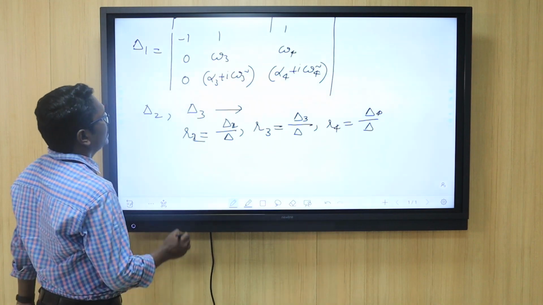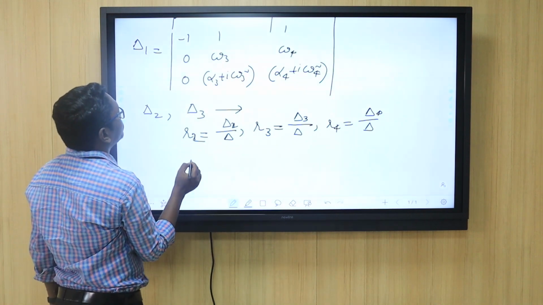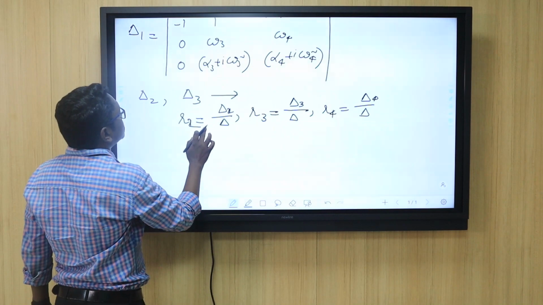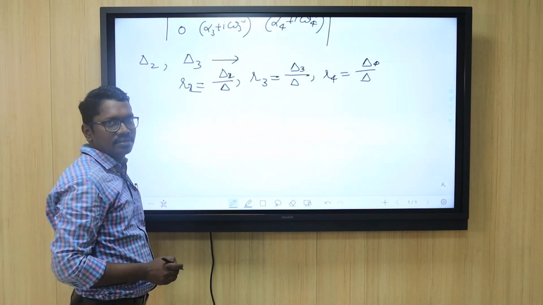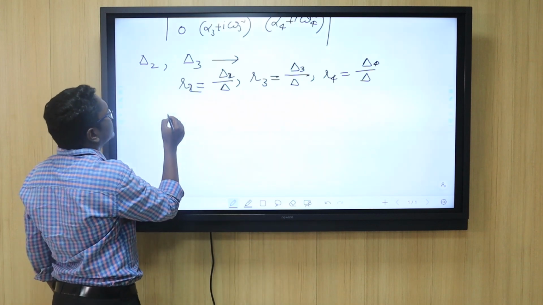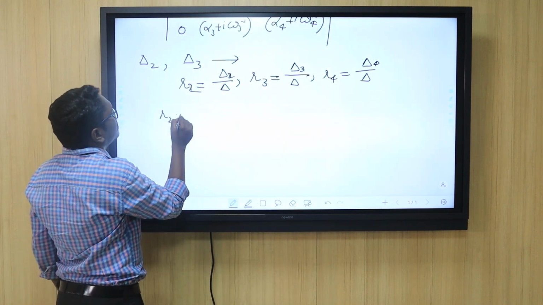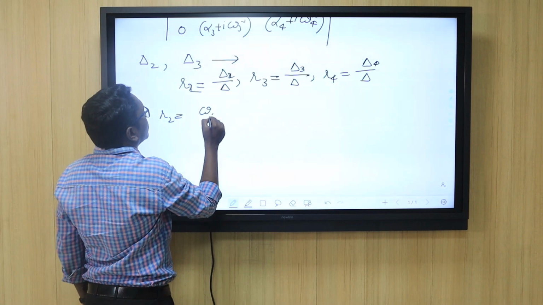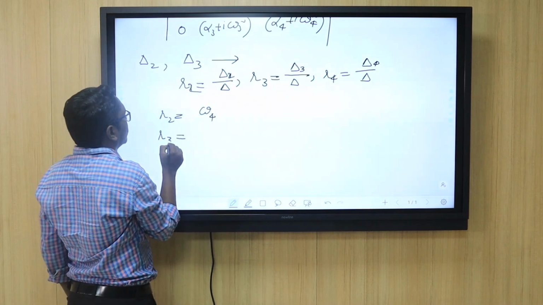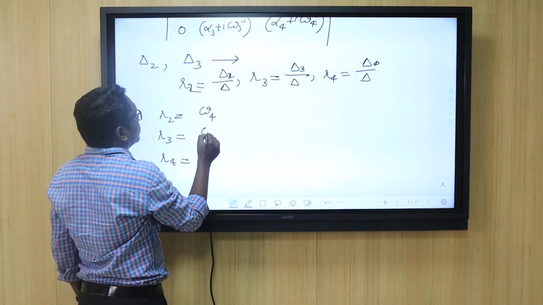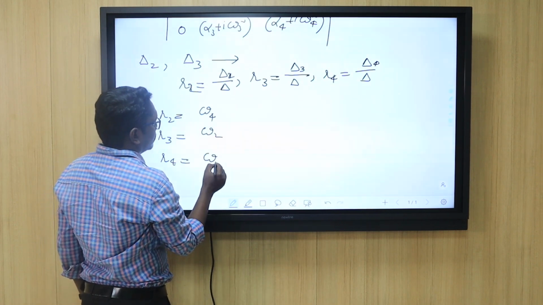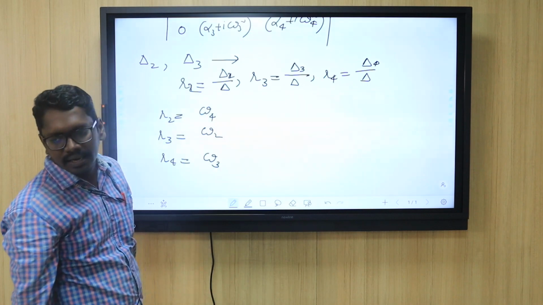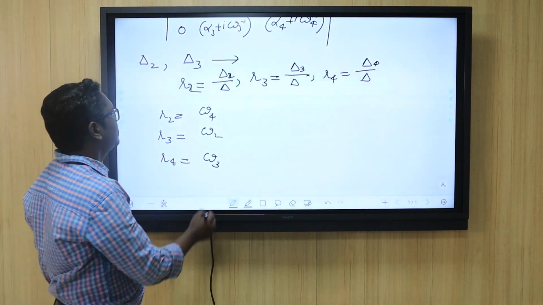Okay, so we will get the final equations from here, R2 is equal to an expression in the omega 4, omega 2 and omega 3 values, and based on this we have to find the final answers.